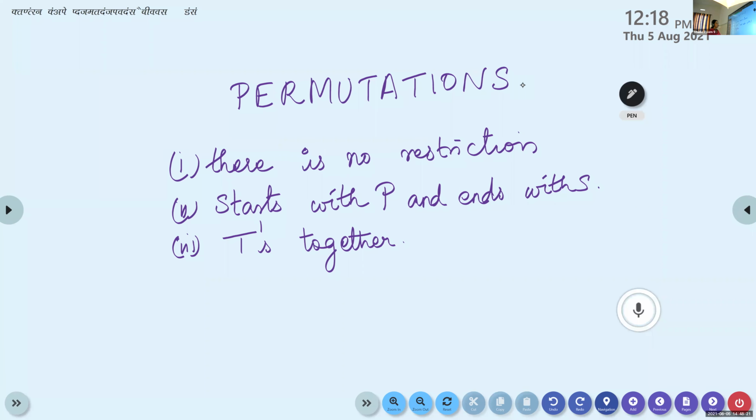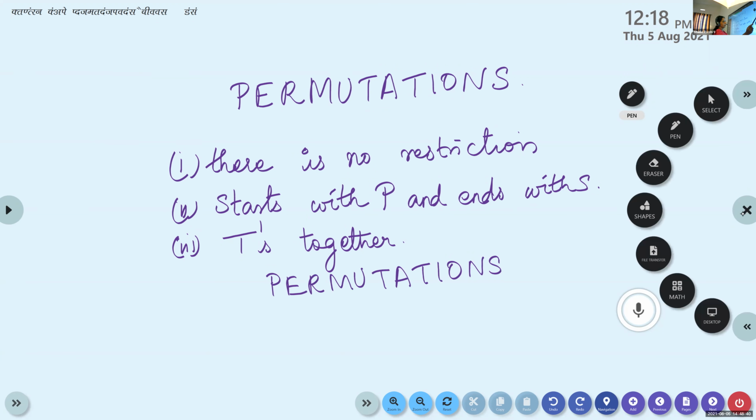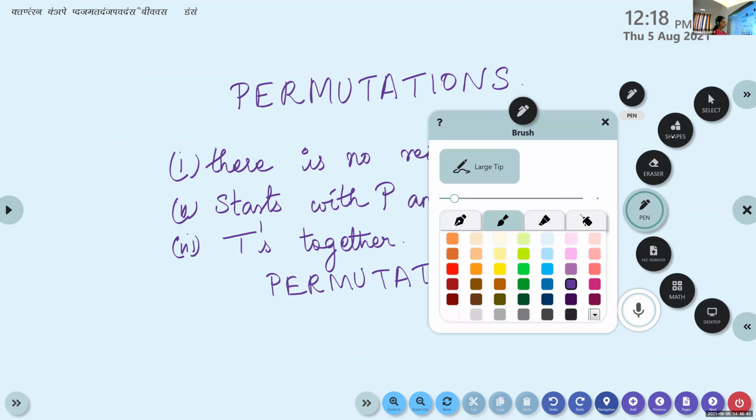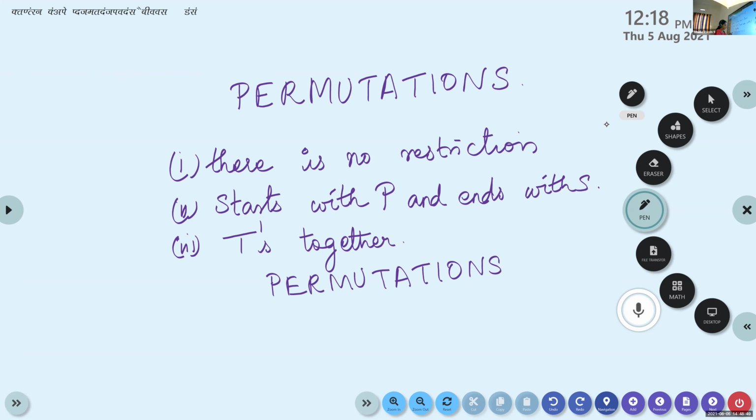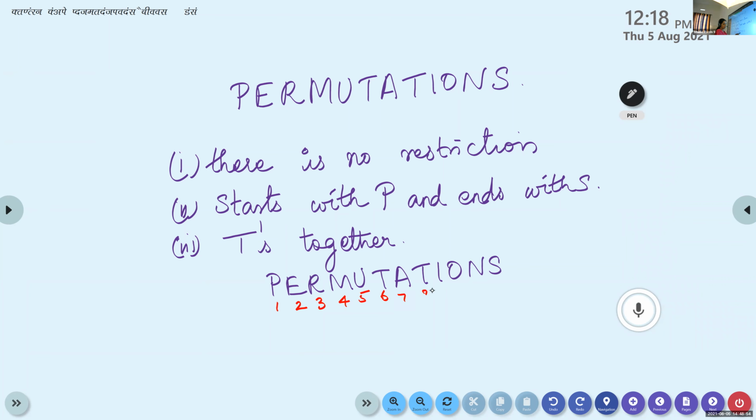So how to do this? It is given the word PERMUTATIONS. So you look at the word. It is a 12-letter word.